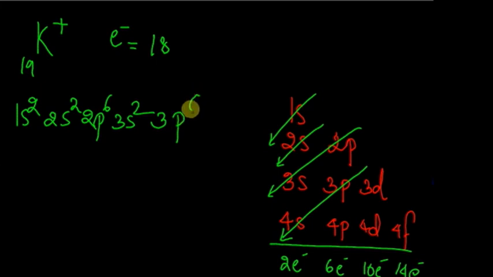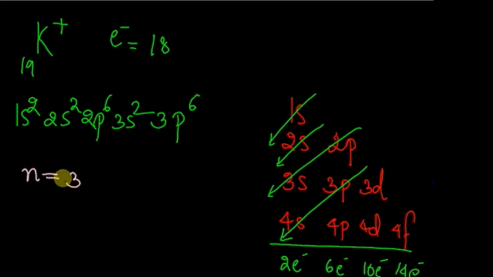Now, if I were to ask you about the valence shell, you would look at the maximum value of the principal quantum number. In this case, the maximum value of n is 3. So we have n equal to 3 as the valence shell. Now, how many valence electrons? You would be wrong if you had just considered this, because we can see that the n equal to 3 shell has both 3s and 3p.